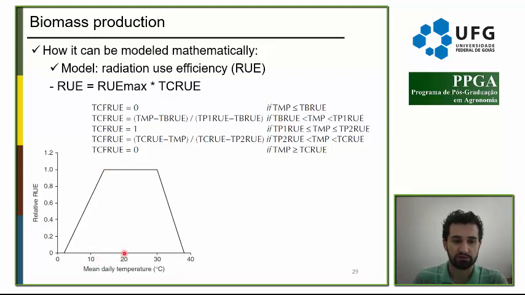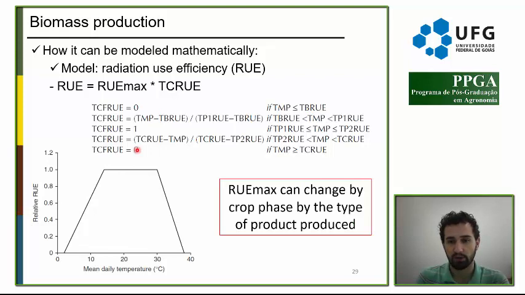If I have 20 degrees Celsius, the radiation use efficiency is the same as the maximum value, but at these intermediate values, we have this effect on the radiation use efficiency by temperature, because the crop is losing its efficiency to perform photosynthesis.